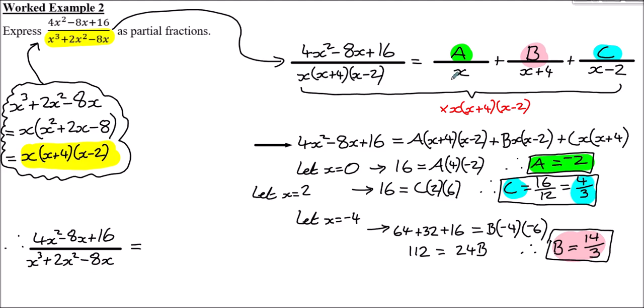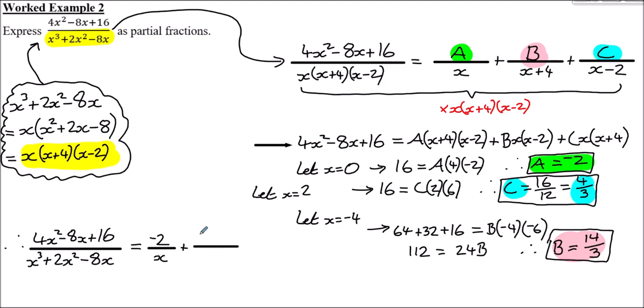That can be written as minus 2 over x plus b. Now I can either write b as 14 over 3 all over x plus 4, or I can write it like this. I can put it as 14 on the top and then the 3 on the denominator.